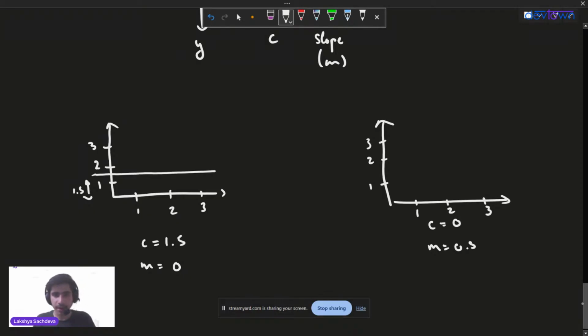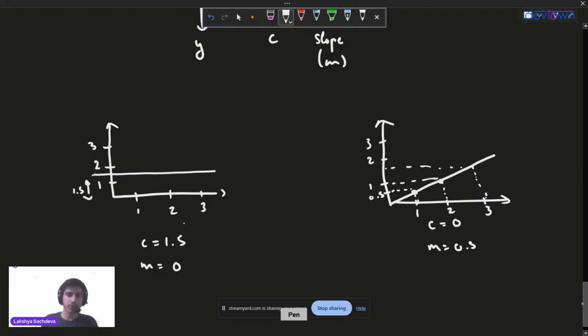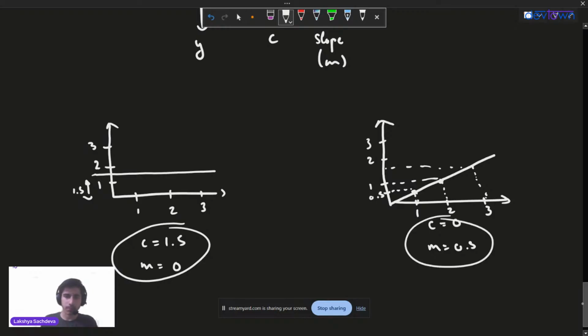So I will have a line like this, where 1 will meet at 0.5, then 2 will meet at 1, and 3 will meet at 1.5. So these are some examples with respect to the intercept and the slope.